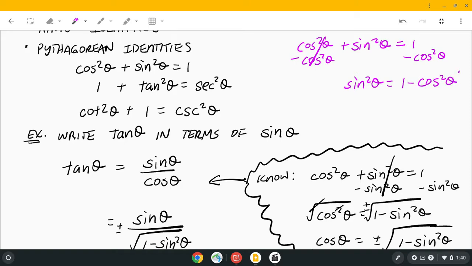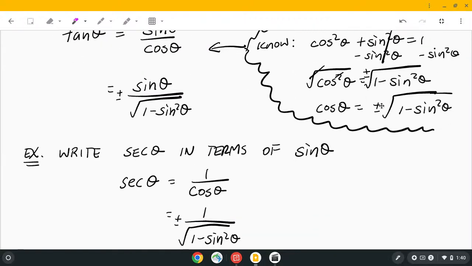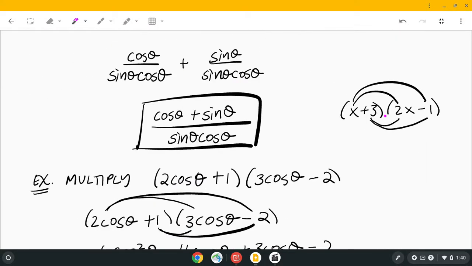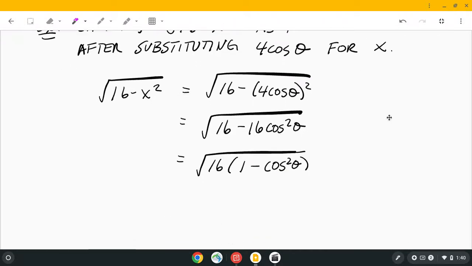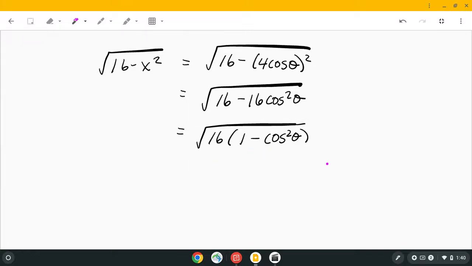And that's what we have on the last problem. We have 1 minus cosine squared, which is the same as sine squared. So going back to this problem, let me write that down over here.